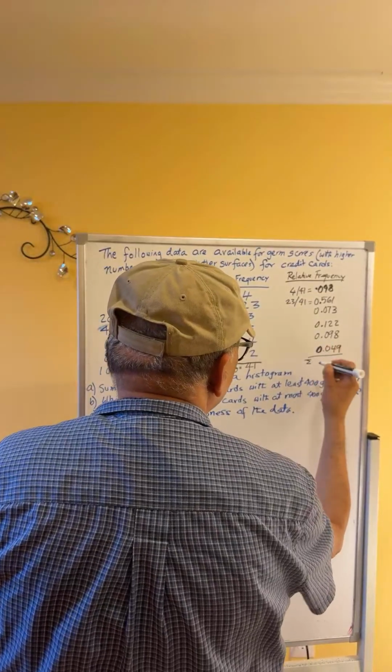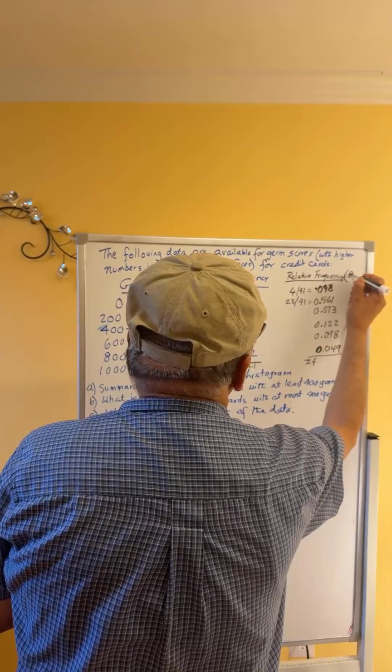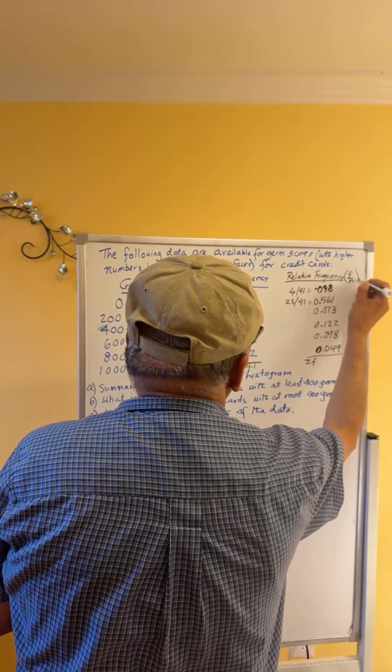Now the sum of these relative frequencies should add up to close to 1. It may be slightly greater. Relative frequency is the frequency of each class divided by sample size.